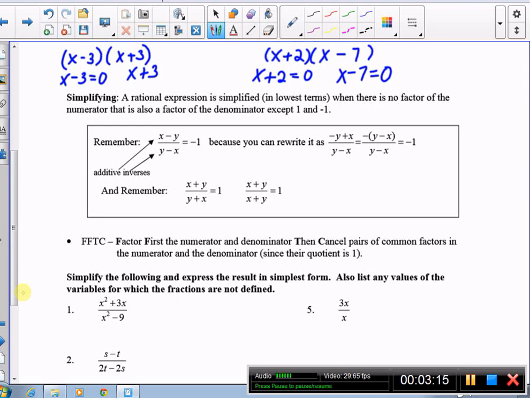And if they're identical, they simplify to positive 1 as well. You cannot simplify x plus y over x minus y. That does not cancel to anything. That is just equal to x plus y over x minus y. Does not simplify.